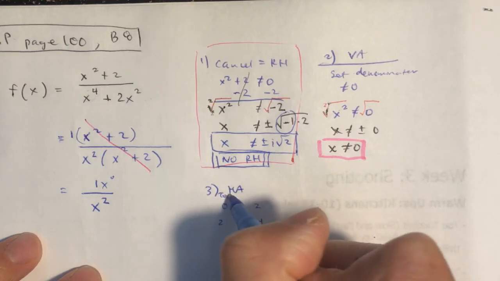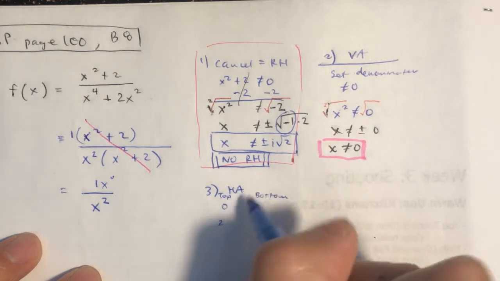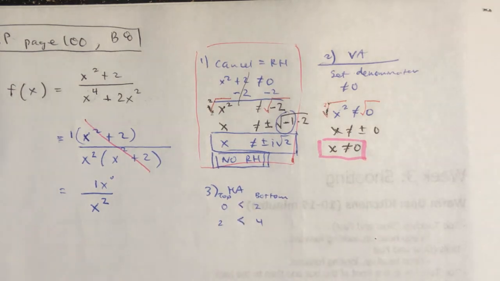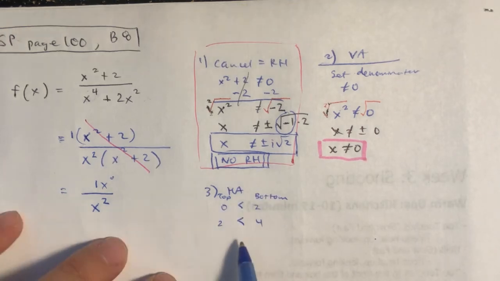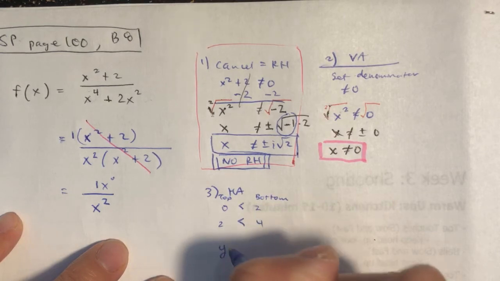Remember, this represents the top, and this one is the bottom. You have to put an inequality in there, and 0 is less than 4. Then if you get your formula sheet, on our chart we wrote that anytime it's a less than, you will always have a horizontal asymptote at y equals 0.